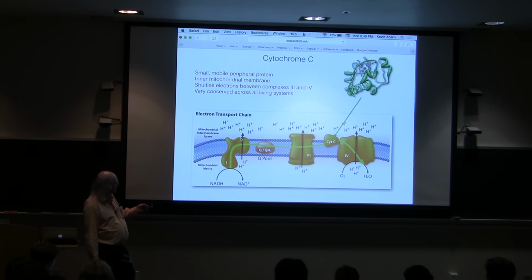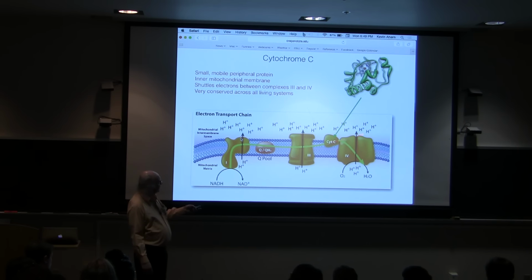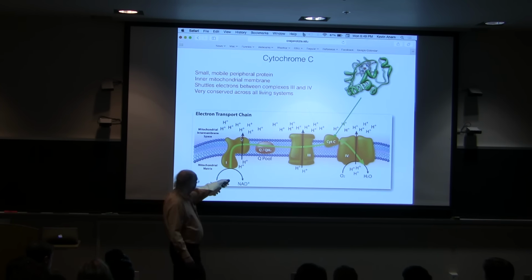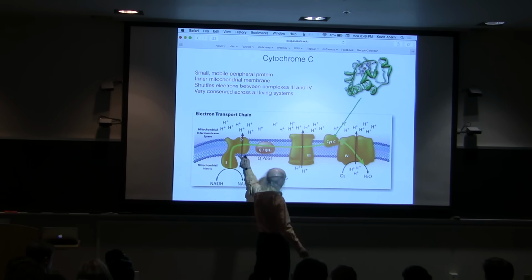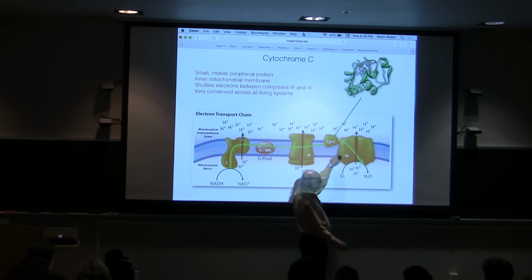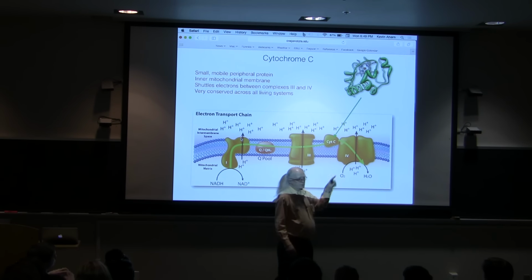It goes through the process called apoptosis. Cytochrome C is a fairly small protein, and it's very mobile. So just like this guy is small and mobile and goes back and forth very readily, this guy's mobile and serves a nice shuttle function.